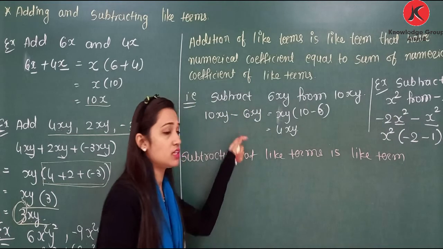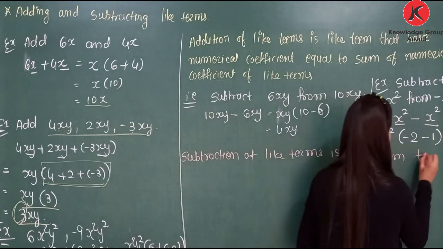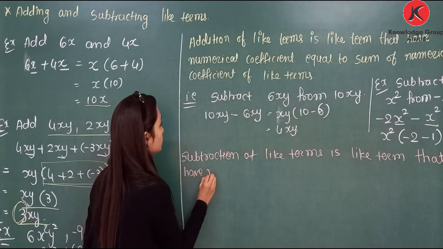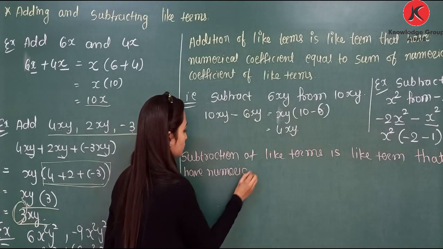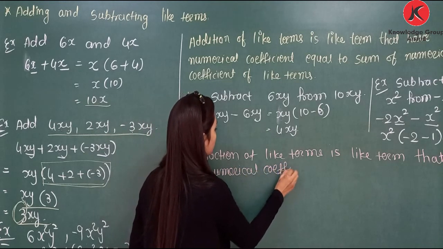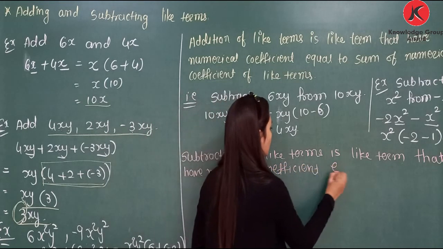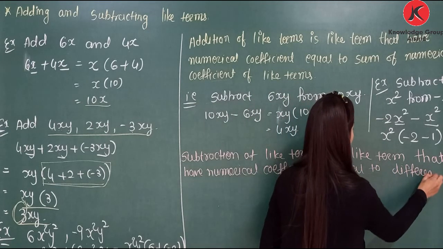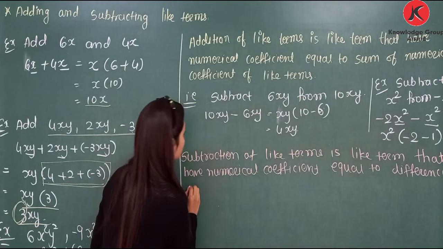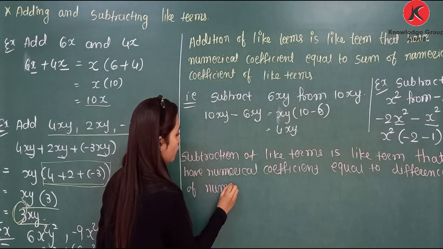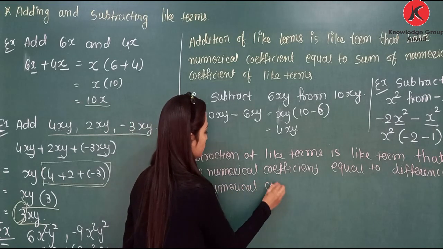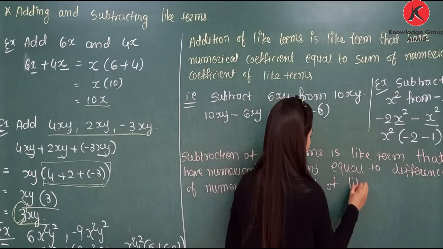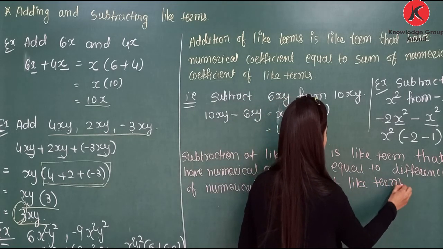So subtraction of like terms is a like term that has numerical coefficient equal to the difference of the numerical coefficients of like terms.